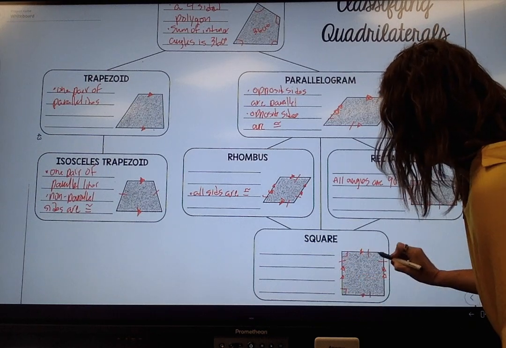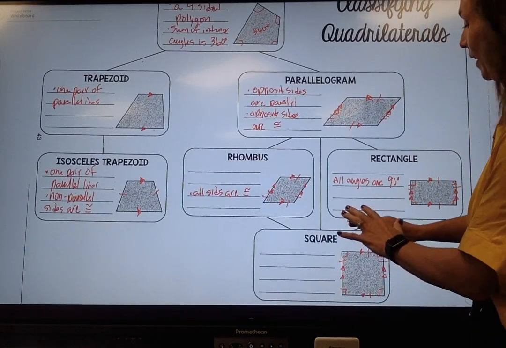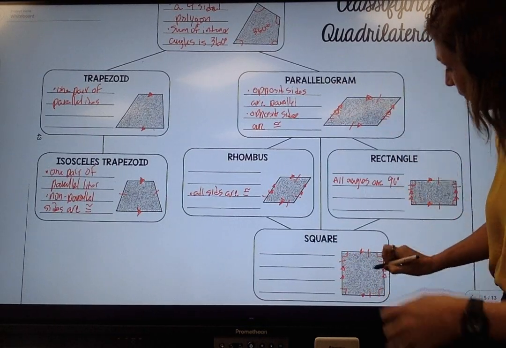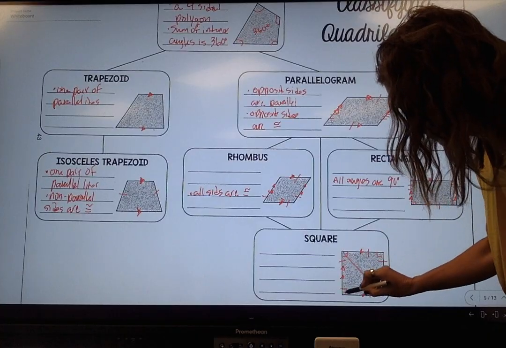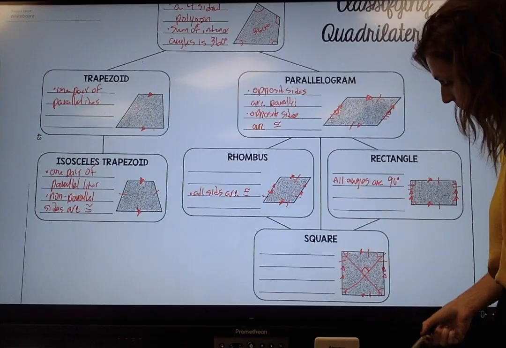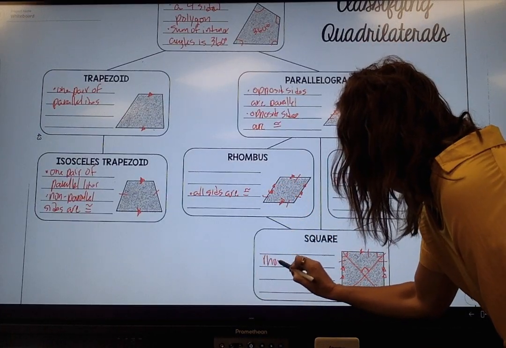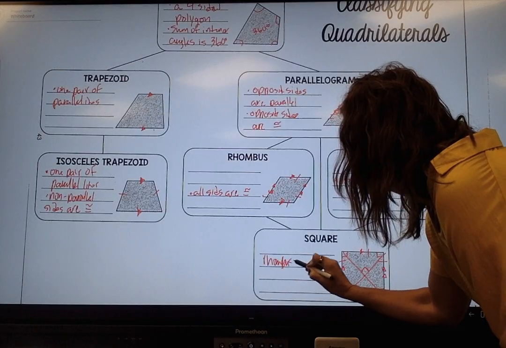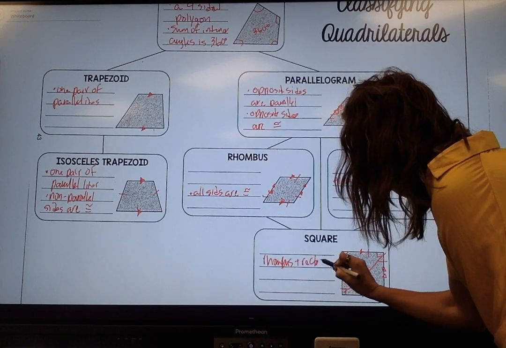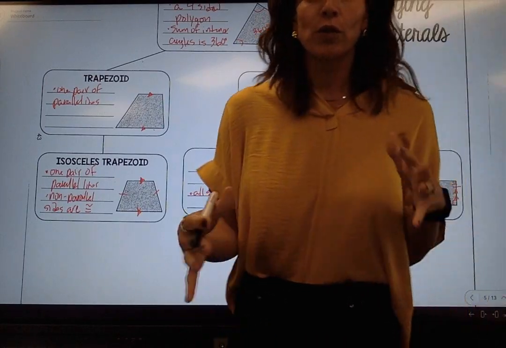All angles are 90 degrees just like a rectangle. And the diagonals, actually, if you drew a diagonal, they would form 90 degrees there. Okay? So a square is a rhombus plus a rectangle. So that's a very, very special shape. So that's just an overview of quadrilaterals.